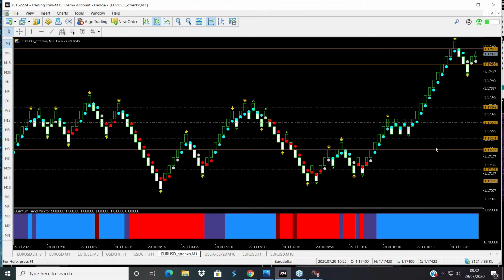This is where you use a non-time-based chart, such as the Renko, in conjunction with the time-based chart, and you wait until you get this matching of the colors on the trend dots away out of the congestion phase and the trend monitor as well.